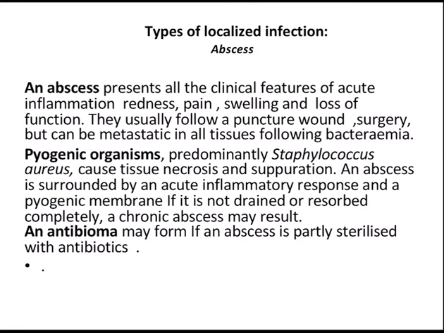Pyogenic organisms that produce pus, predominantly Staphylococcus aureus, cause tissue necrosis and suppuration. An abscess is surrounded by an acute inflammatory response and a pyogenic membrane. If it is not drained or resorbed completely, a chronic abscess may result. An antibioma may form if it is partly sterilized with antibiotics.